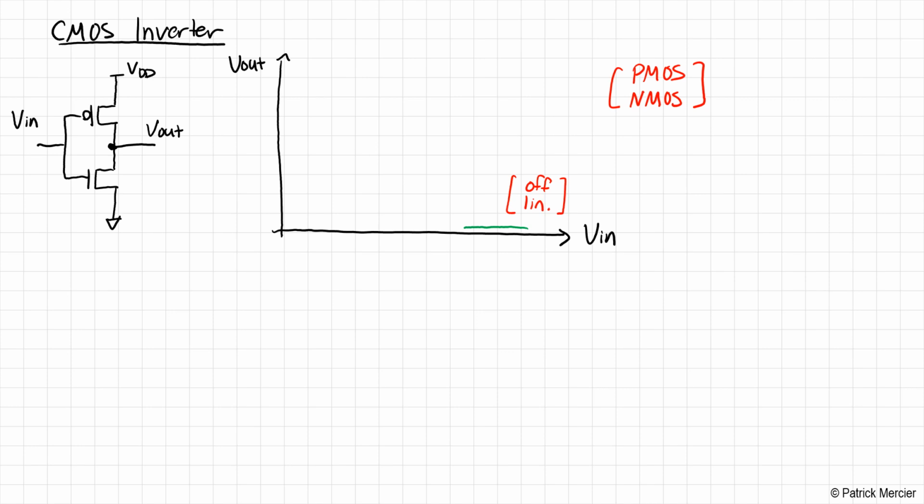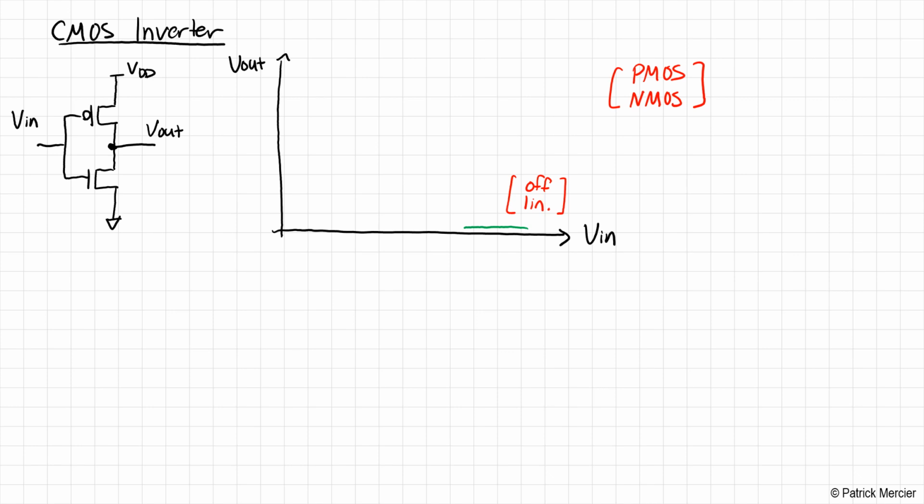All right, so now let's do the same exercise when Vin is low. When Vin is close to 0, the VGS of the NMOS transistor is near 0, and so therefore the NMOS transistor is probably going to be in the cutoff regime. If this were functioning as an inverter, if Vin is 0, then Vout ought to be close to VDD.